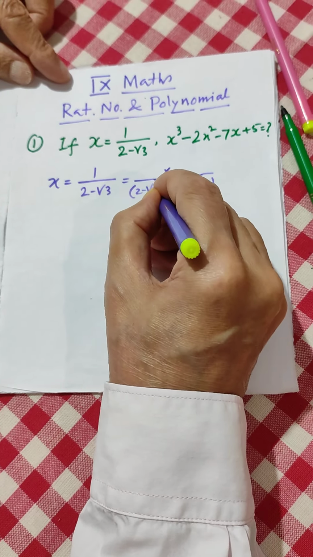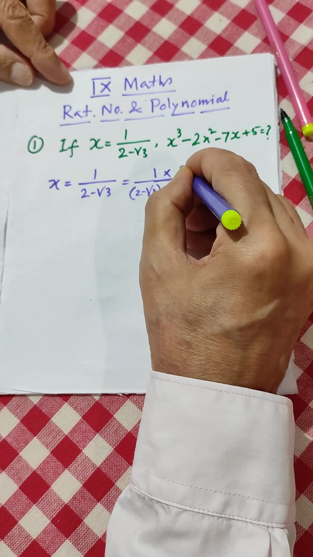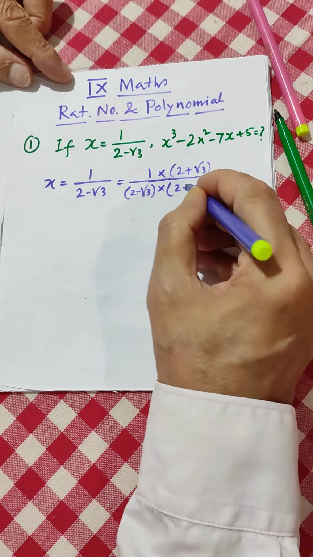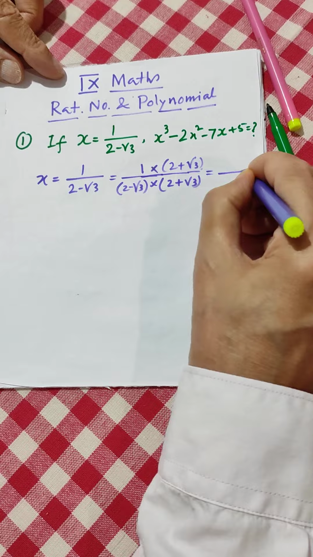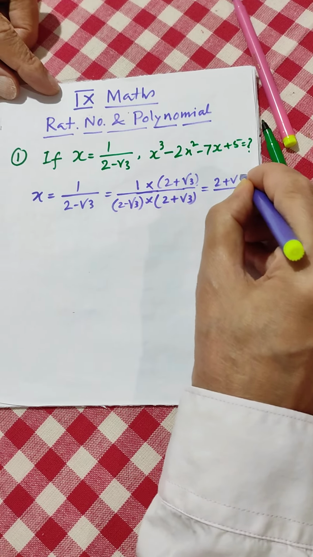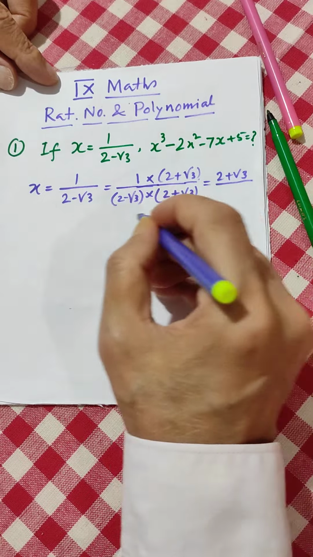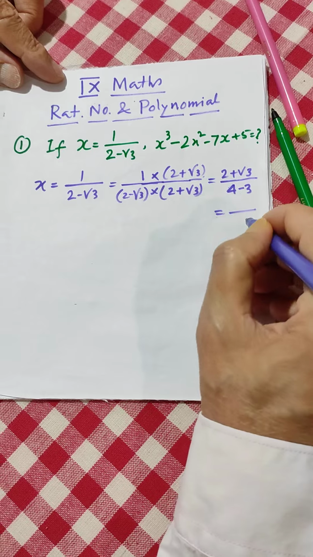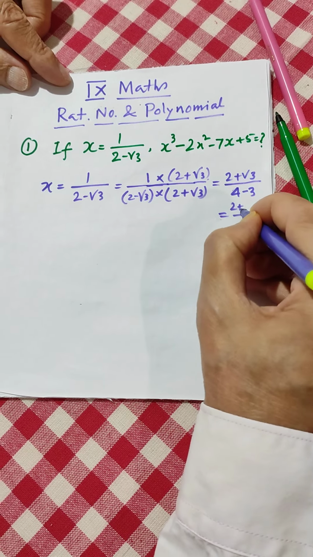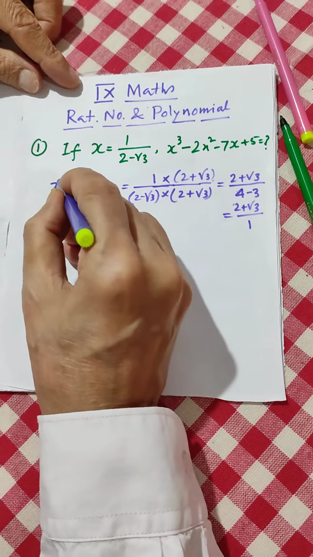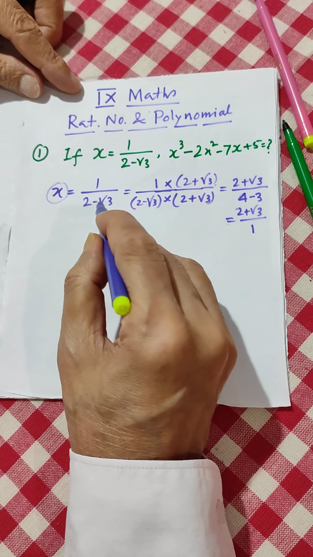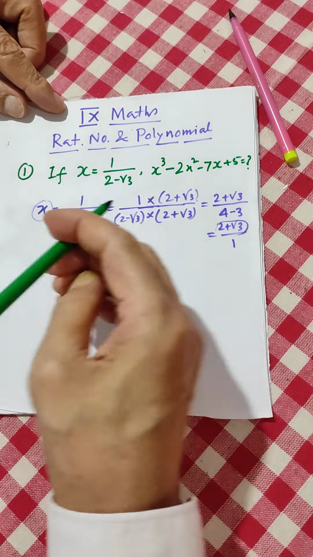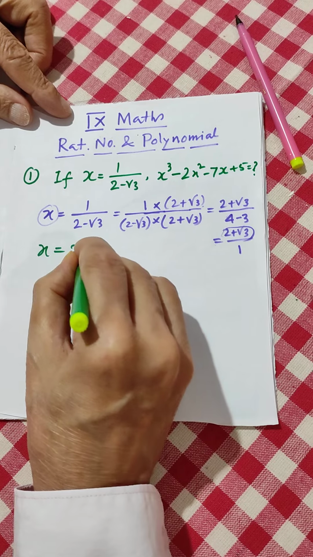Now the numerator will be 2 plus root 3, and the denominator, if you use the a square minus b square formula, will be 4 minus 3, that means 1. So after rationalizing the denominator, we got x equals 2 plus root 3.